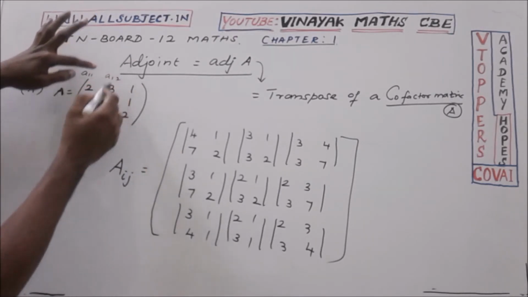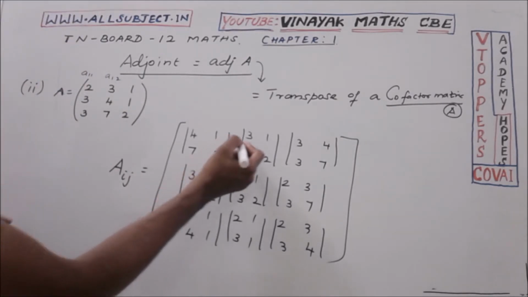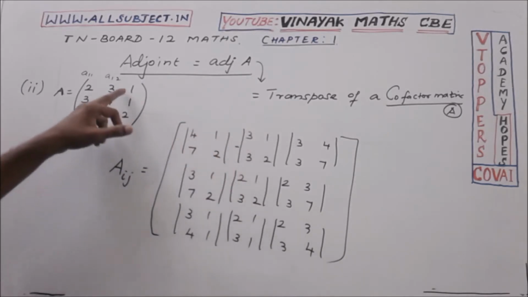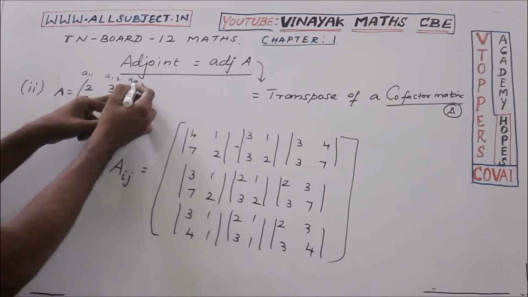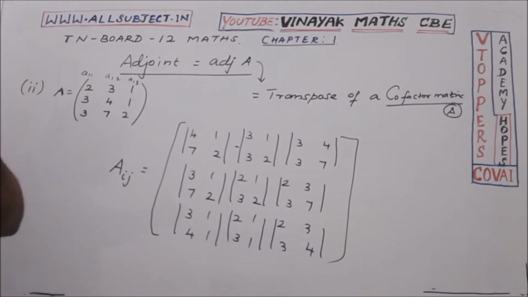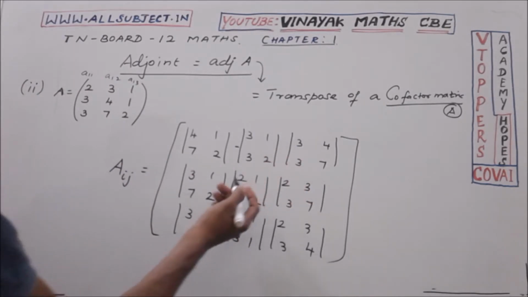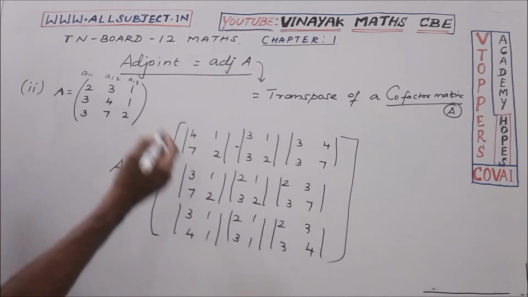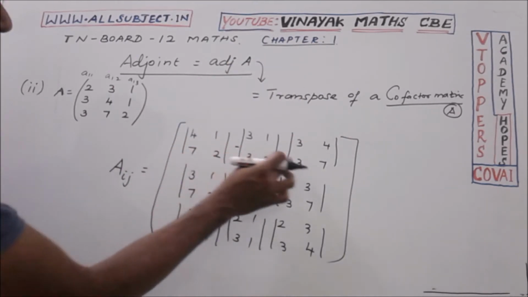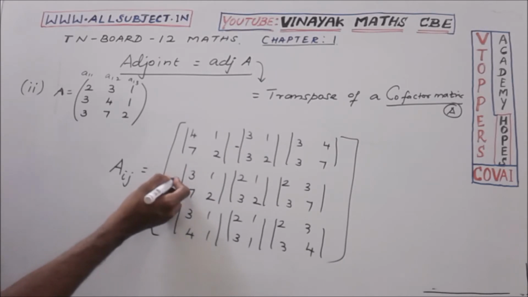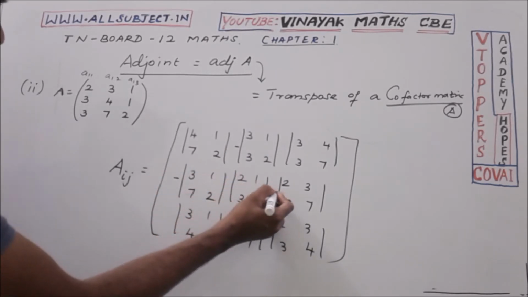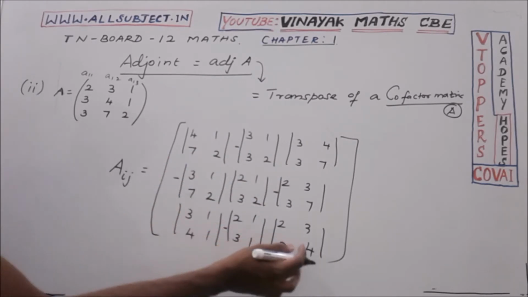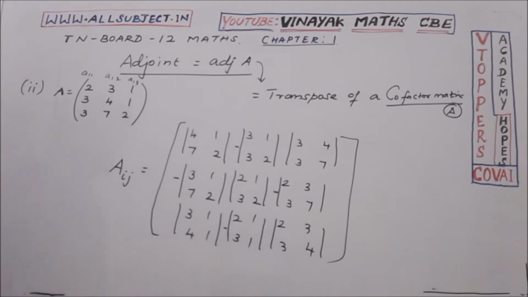Here A12: 1 plus 2 is 3, so the sign changes, positive becomes negative. Here A13: 1 plus 3 is 4, no sign change. So consecutively plus and minus signs are given: positive, negative, positive; then negative, positive, negative; then positive, negative, positive.